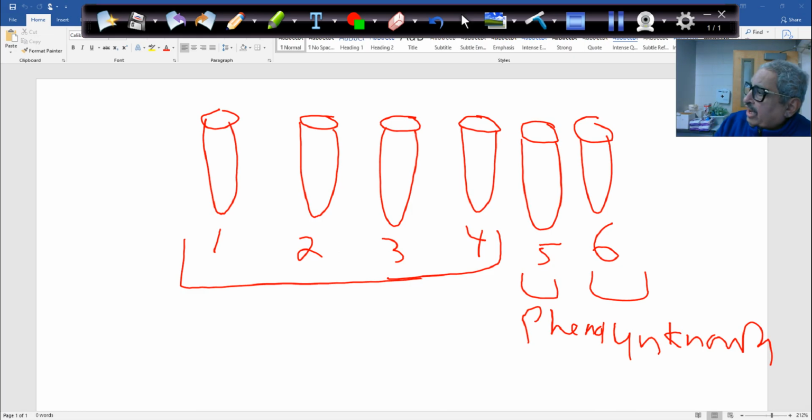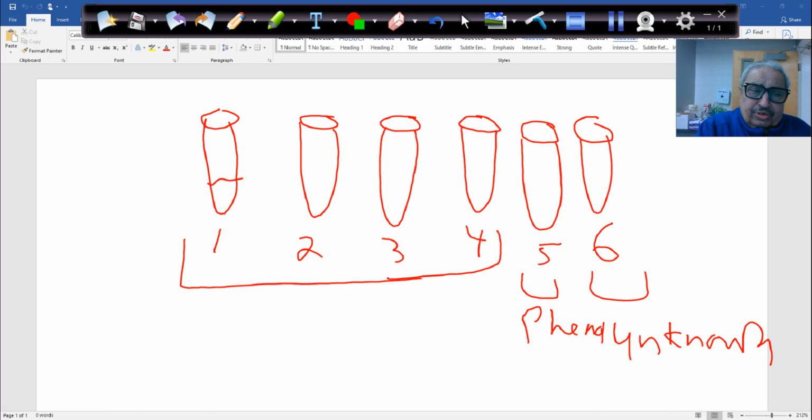Each time you'll add 10 drops. Be consistent. 10 drops is half a milliliter. A milliliter is around 20 drops, so if you take 10, that's roughly half a milliliter.